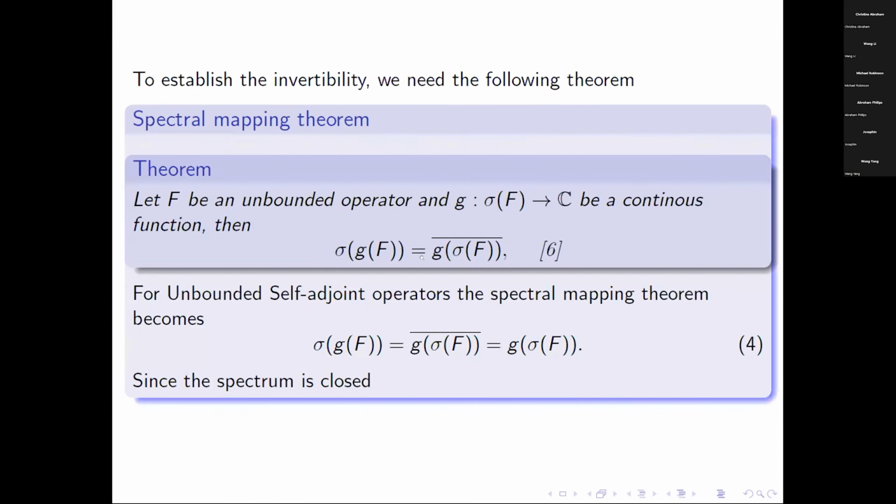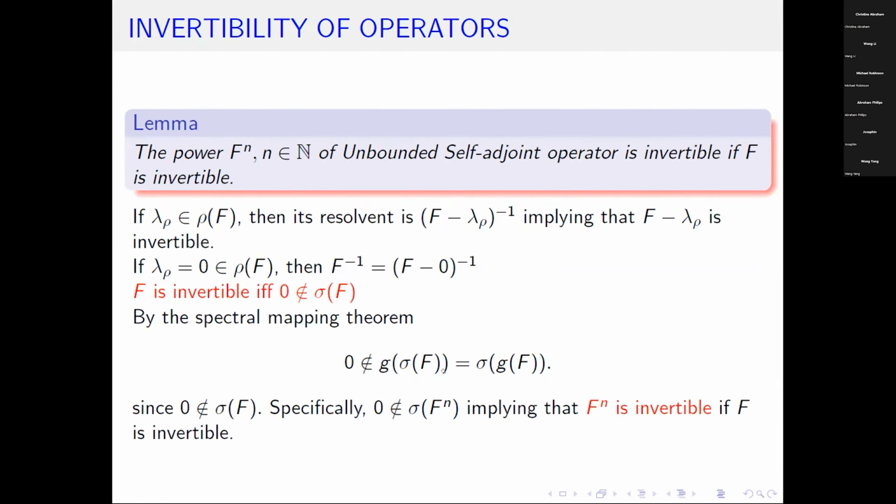We're using the spectral mapping theorem. You can see that F^n is just a function of F, that means it's just F power n. Therefore, we can apply that since 0 is not in the spectrum of F, 0 will not be in the spectrum of the function g(F).